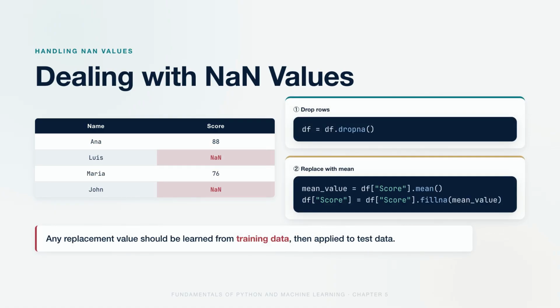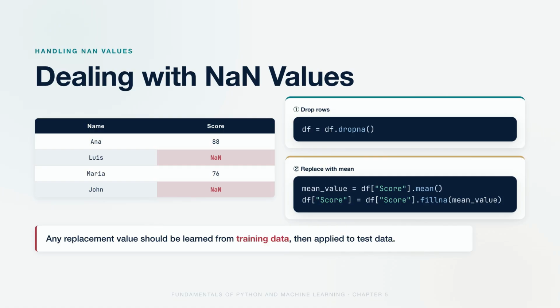Pandas often represents missing numerical values as NaN, not a number. One option is to remove rows containing missing values with dropna. This might be reasonable when only a small number of records are incomplete, and removing them will not distort the dataset. Another option is to replace the missing value. For a numerical column, the chapter demonstrates replacing missing values with the column mean.